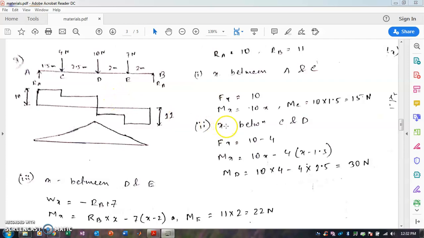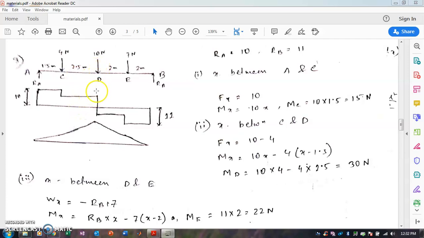If the point X is situated between C and D, then what will happen? Here we have started from point A, so the shear force will be the upward force RA minus 4, because for the left hand side shear force we follow the y axis. So upward will be positive and downward will be negative. If the point X is between C and D, it will be 10 minus 4, that is 6.